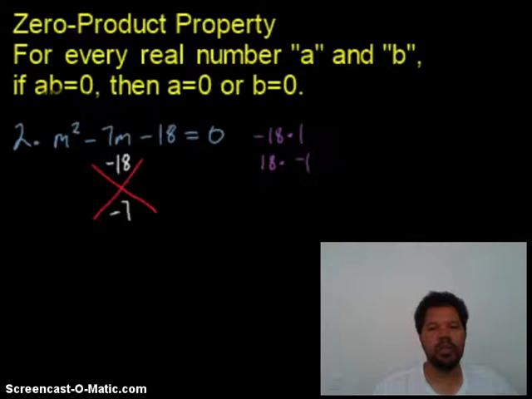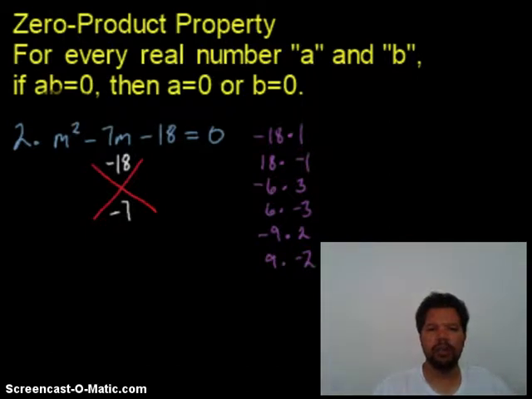It can be negative 6 times 3, or it could be 6 times negative 3. What else? We could have negative 9 times 2, or we could have 9 times negative 2. So these are all the different factors of negative 18.